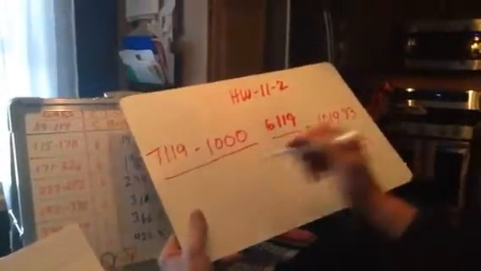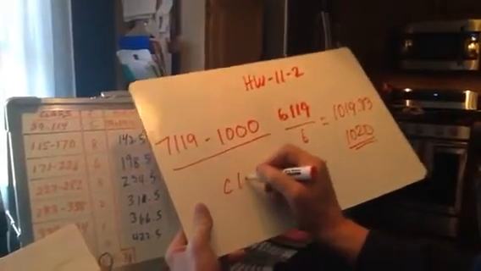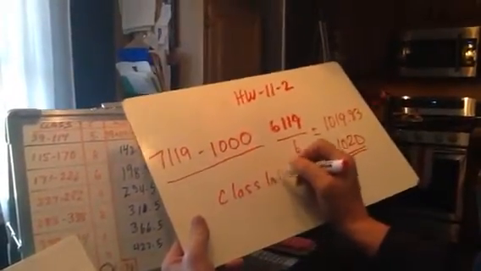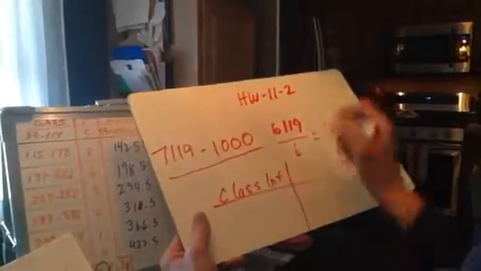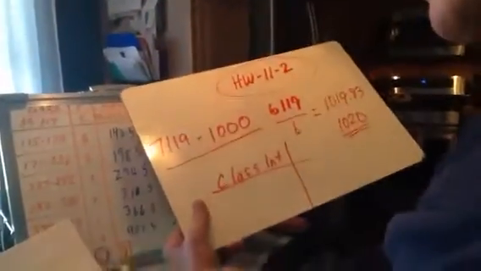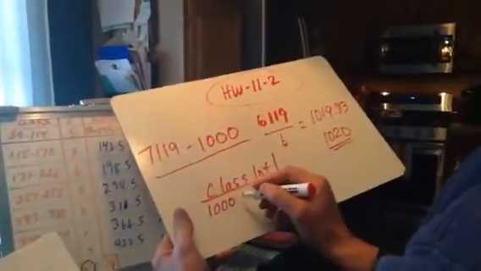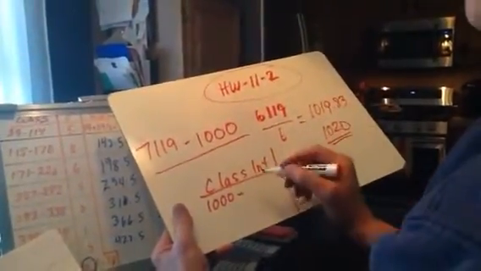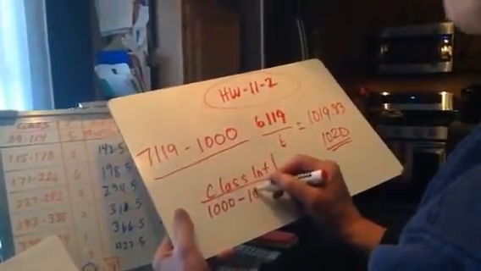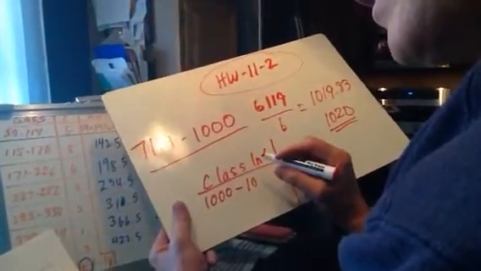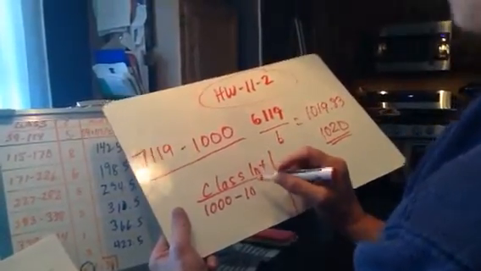Now, I will help you. Our first class or interval on the chart for homework 11.2, I know I'm repeating myself, is going to be 1,000 to 1,019.